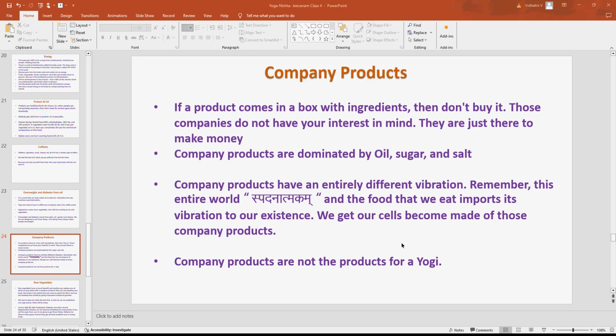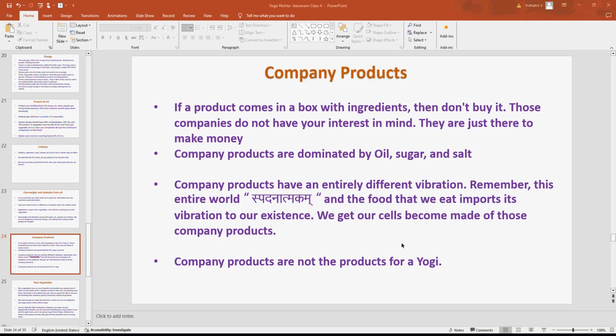So if we are having food that has a crude vibration, made by some company people who themselves are not vegetarians, let's say the product is made by some people who are eating hamburgers and hot dogs, and they go to Burger King, McDonald's, and God knows what they eat. After eating, their mind is very, very crude, and they are making these products, and that is what we are consuming. Then the impact of that will be on our mind as well, right?